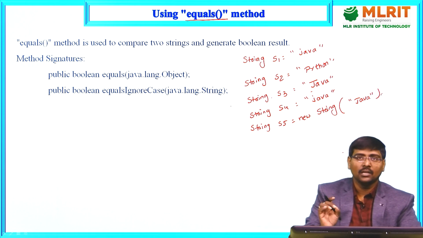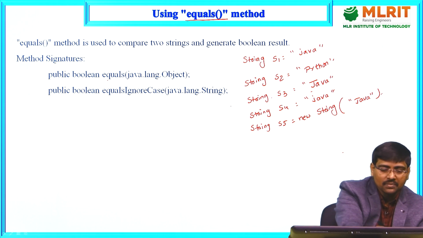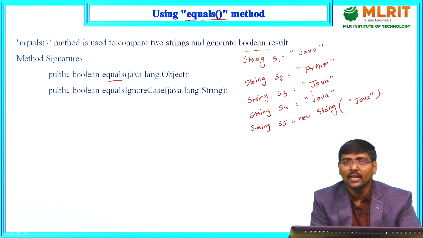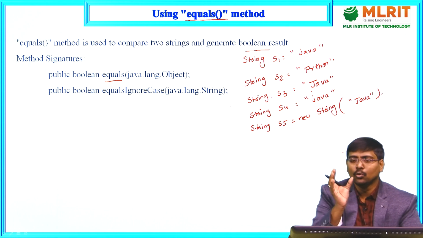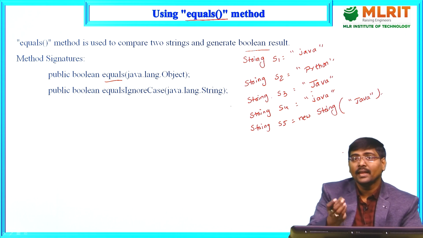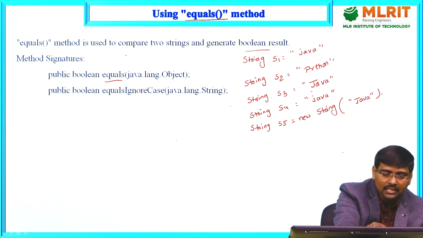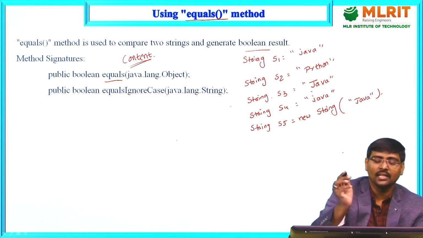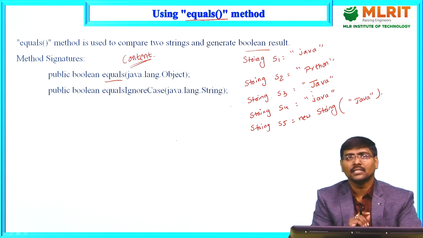Now observe, the equals method returns a boolean value. Boolean value in the sense if the two strings are equal. Here the comparison is based on the content present in the string.